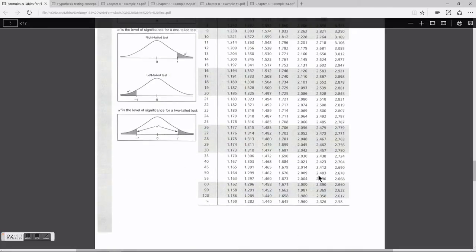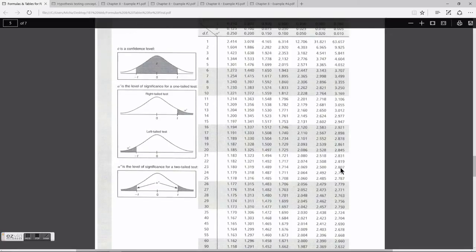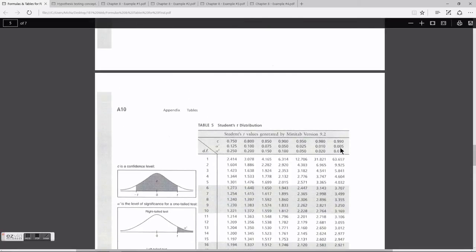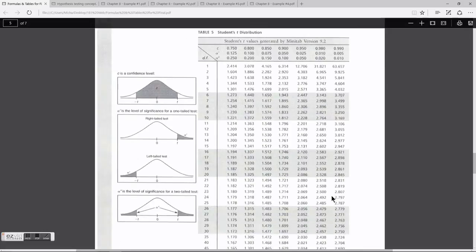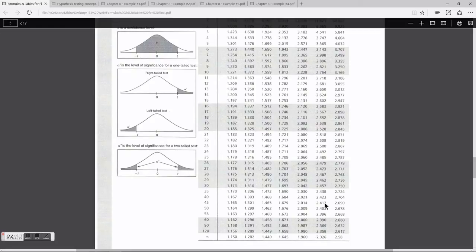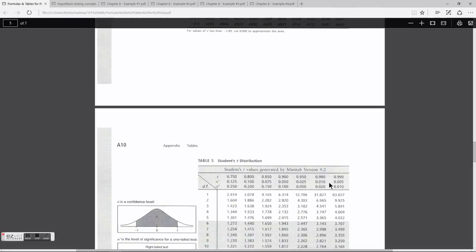If my t-value was 2.690, the right tail area for that would be 0.005. So the only thing I can conclude from this table is that because my t-value is in between these two, my right tail area must also be in between these two.